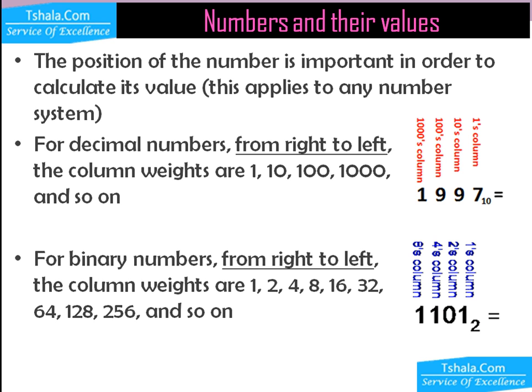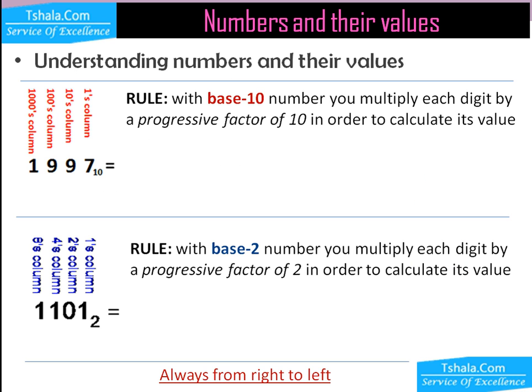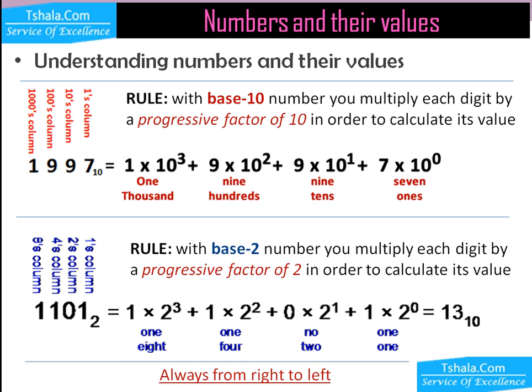For binary numbers, we have the columns here, which again from right to left are 1, 2, 4, and so on. Now, if we look at this one here, in this column we have 7 ones.